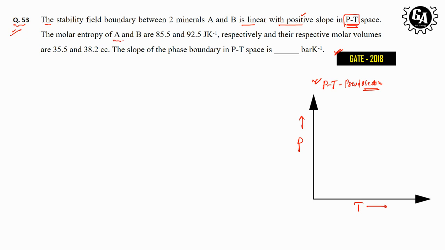And the molar entropy of A and B, these two minerals, are given as 85.5 and 92.5 respectively, per kelvin, that is the unit. Their respective molar volumes are 35.5 and 38.2, and the slope of the phase boundary in PT space is asked. Here molar entropy is given, S means entropy, that is the randomness.